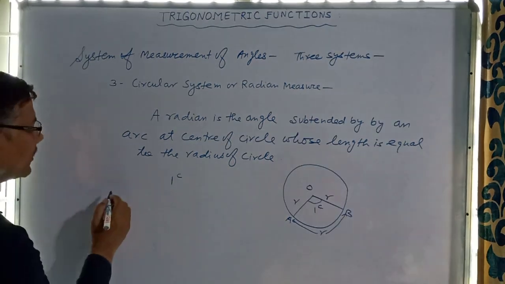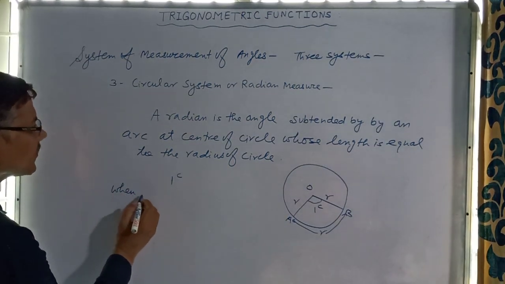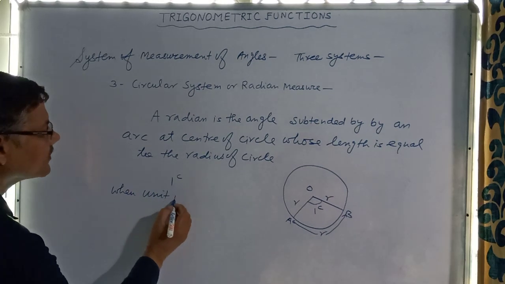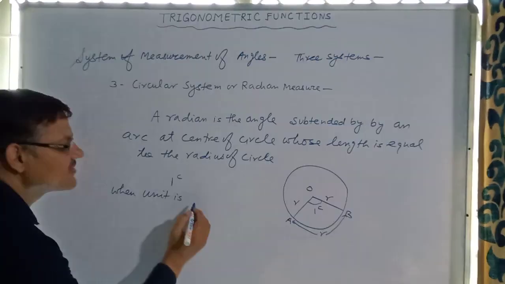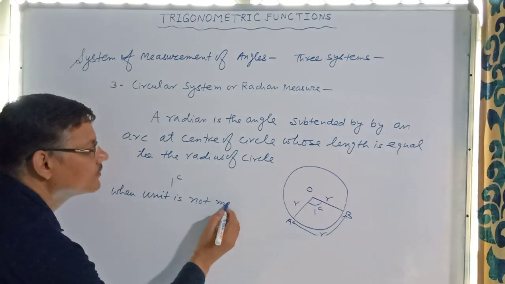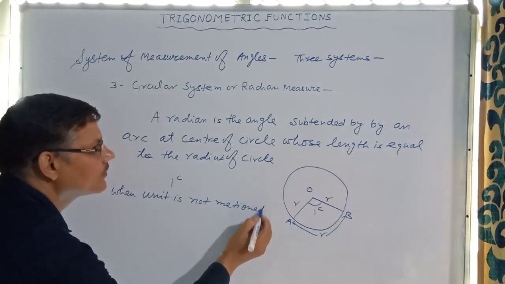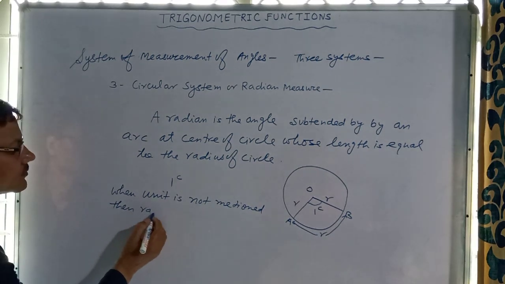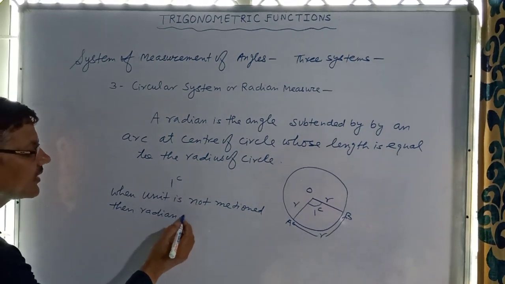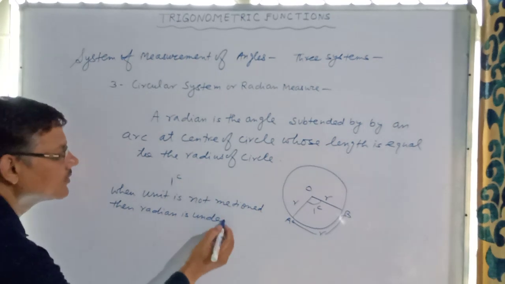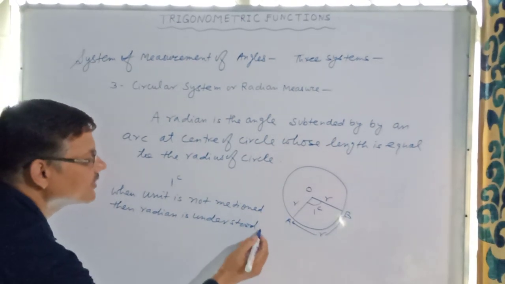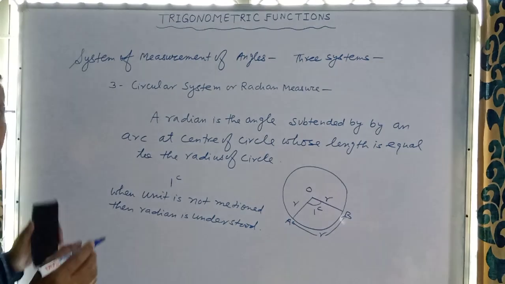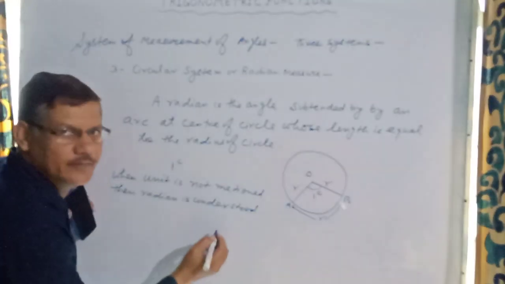When the unit is not mentioned, then radian is understood. It means now we are supposed to write the unit in all other cases.